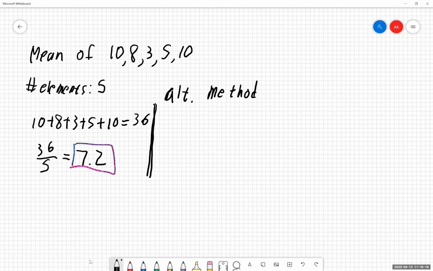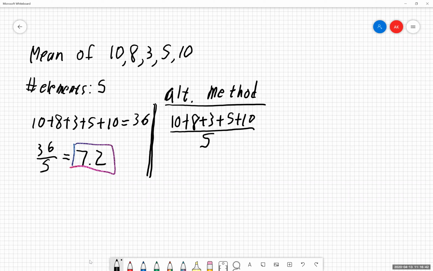So there's an alternative method. You don't need to do this if you don't want to. But again, I'm writing out the sum of everything, the elements being added together. And then I know that entire thing is going to be divided by the number of elements in that set, which is 5.